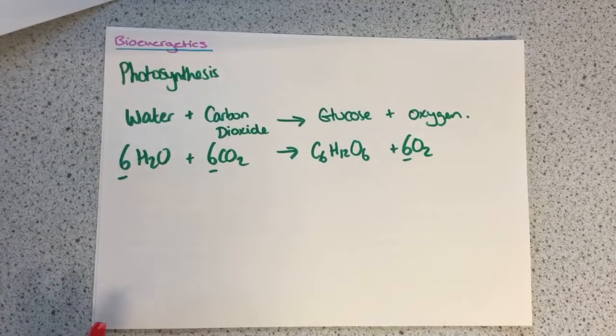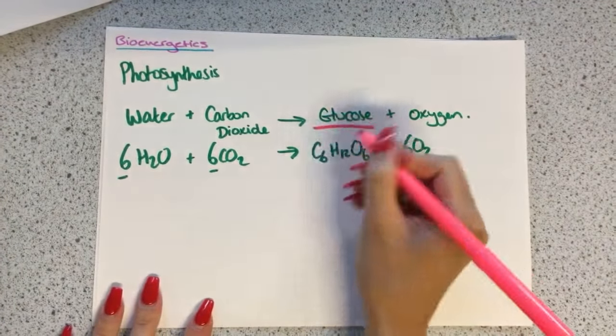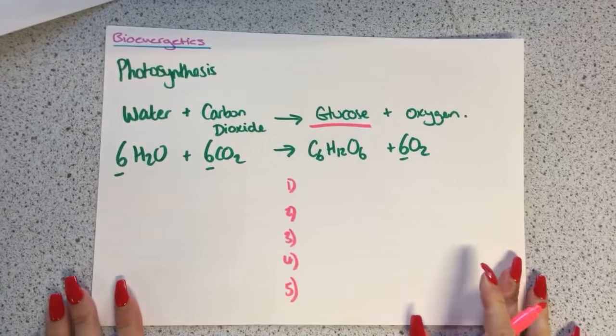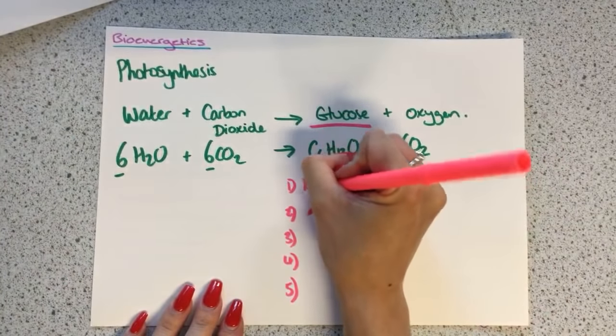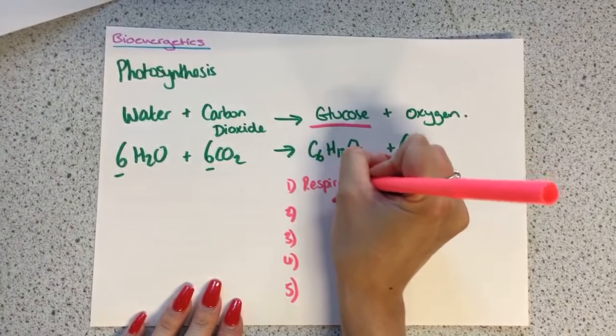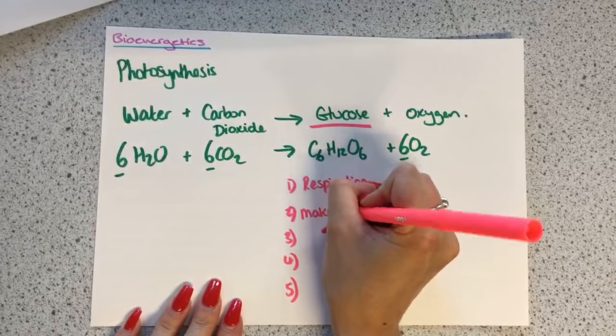Okay. You then need to know what the plant uses glucose for, because obviously the whole purpose of photosynthesis is to produce glucose for the plant. First one is respiration. Next, making proteins.